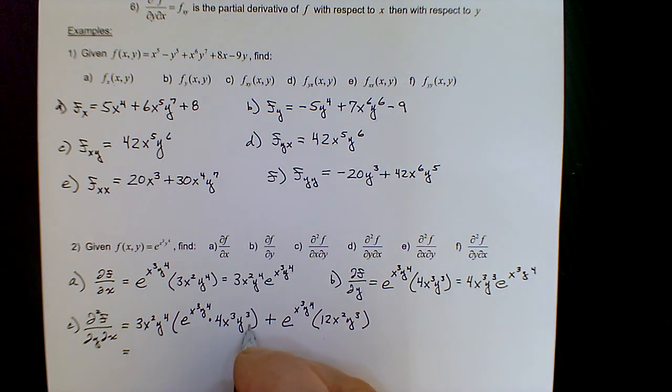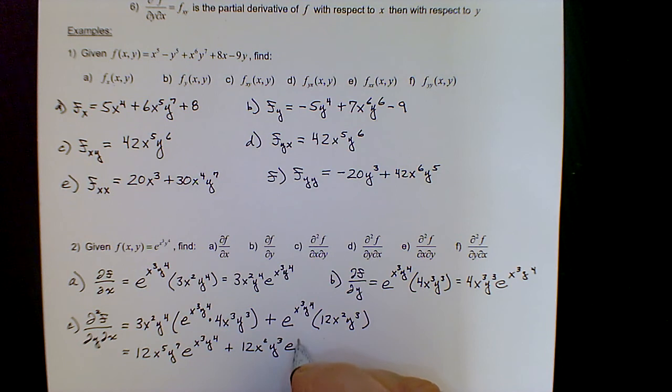So maybe multiply the 4x cubed y cubed by the 3x squared y to the 4th, and we get 12x to the 5th y to the 7th, and then our e to the x cubed y to the 4th, and then plus, bring the 12x squared y cubed out in front of the e to the x cubed y to the 4th.